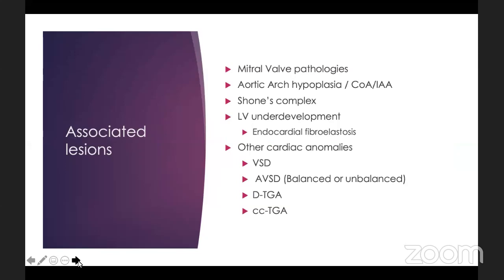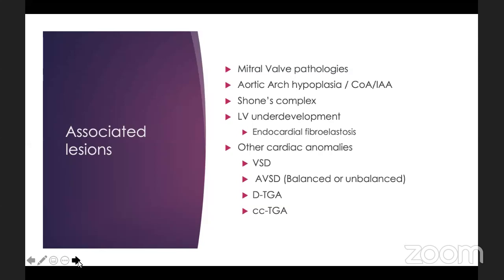Aortic arch hypoplasia, coarctation of the aorta or interrupted aortic arch are all forms of aortic arch obstruction that are associated with left ventricular outflow tract obstruction in some of the cases. And the most severe form of multi-level obstruction on the left side is the Shone's complex. Some people use this term loosely to indicate the presence of mitral and aortic pathologies, but the classical Shone's complex is actually more involved and more severe than that.